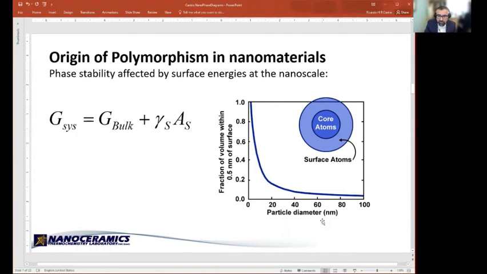Why does it have to change? Now the Gibbs free energy of the system will no longer be just the bulk energy. We actually have to also input a surface term. Why is that?